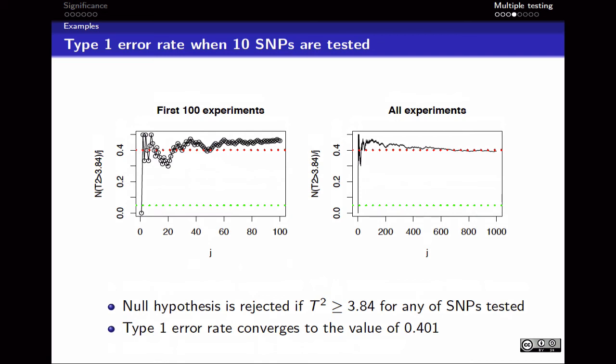What I effectively want to keep under control is not the p-value, because the p-value is a characteristic of the chi-square distribution. I really want to keep my type 1 error at 5%, so I know the probability that I claim an association, but actually it's not true.